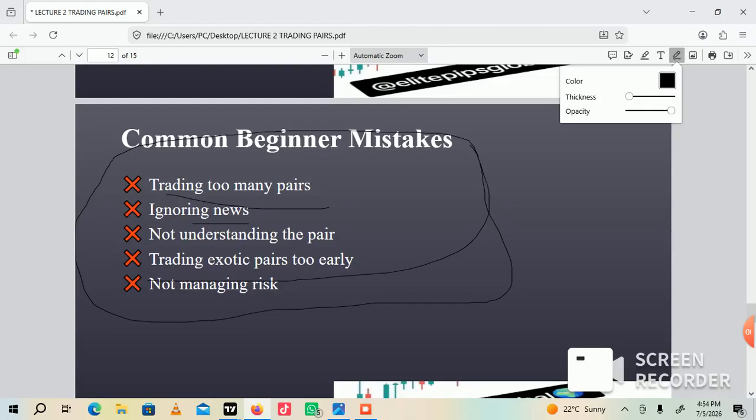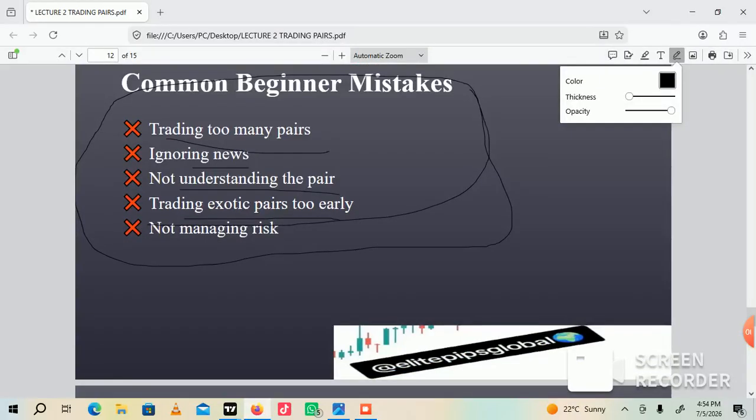Another one is not understanding the pair. Some people choose a pair that they don't understand; they don't have clear knowledge of it. Also, trading exotic pairs too early. They come to trade exotic pairs too early, and some of them don't have proper risk management.